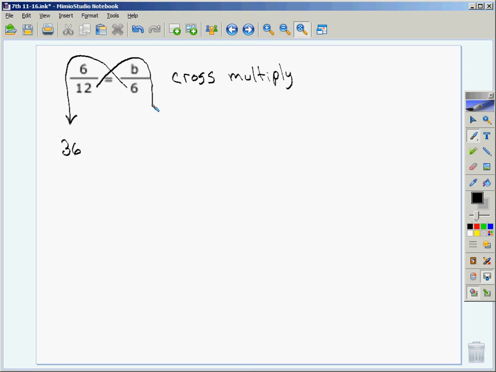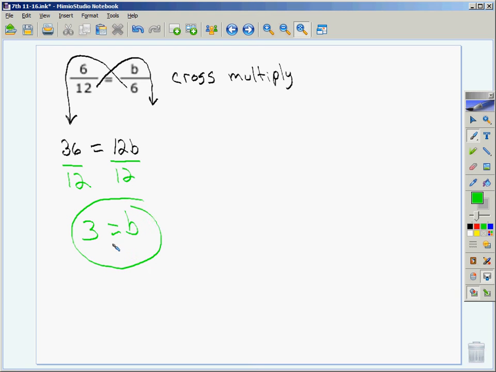I take 12 times b, which is what? 12b. And what would I do to get b by itself? Divide by 12. And b is equal to? b is equal to 3.